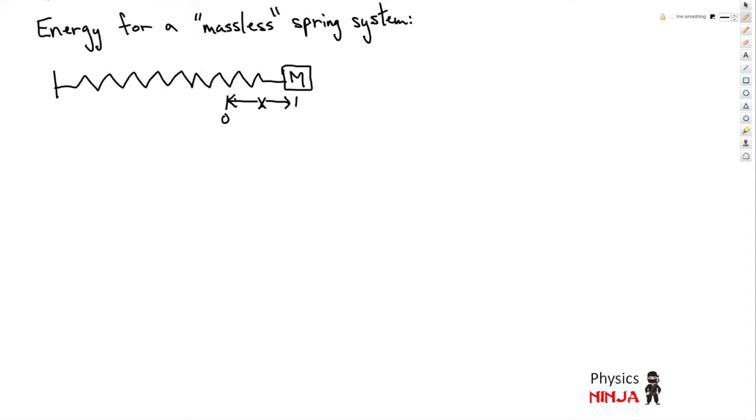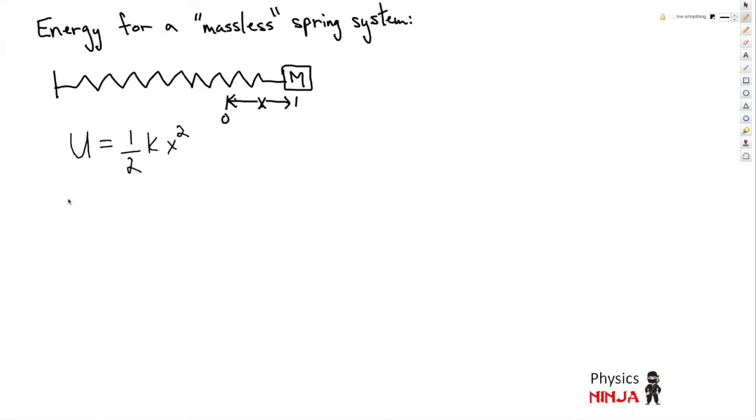Okay, before we add the mass of the spring, I want to first consider all of the energy in a system with a massless spring, and all the mass is simply attached at the end of the spring. For this system, we're going to have some spring potential energy, which I write as U, and that simply equals 1/2 the spring constant and the displacement squared.